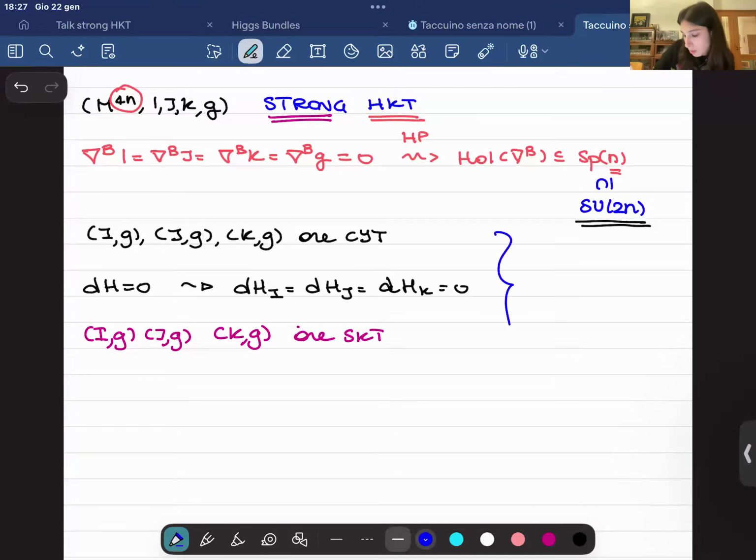So if I put these two together, what I get is that if I have a strong HKT manifold, each Hermitian structure individually is actually Bismut-Hermitian-Einstein. So I can use the theory of compact Bismut-Hermitian-Einstein manifolds in this hypercomplex, hyperhermitian setting.